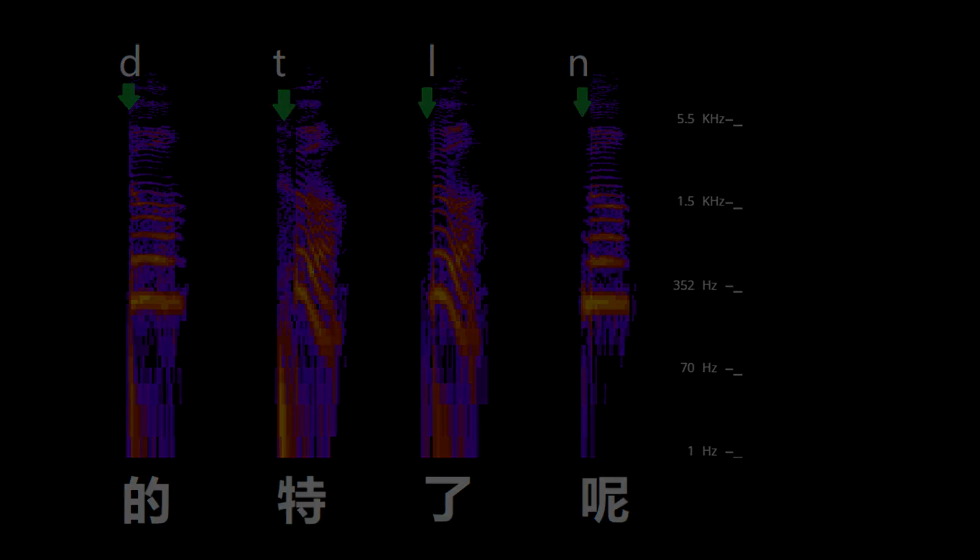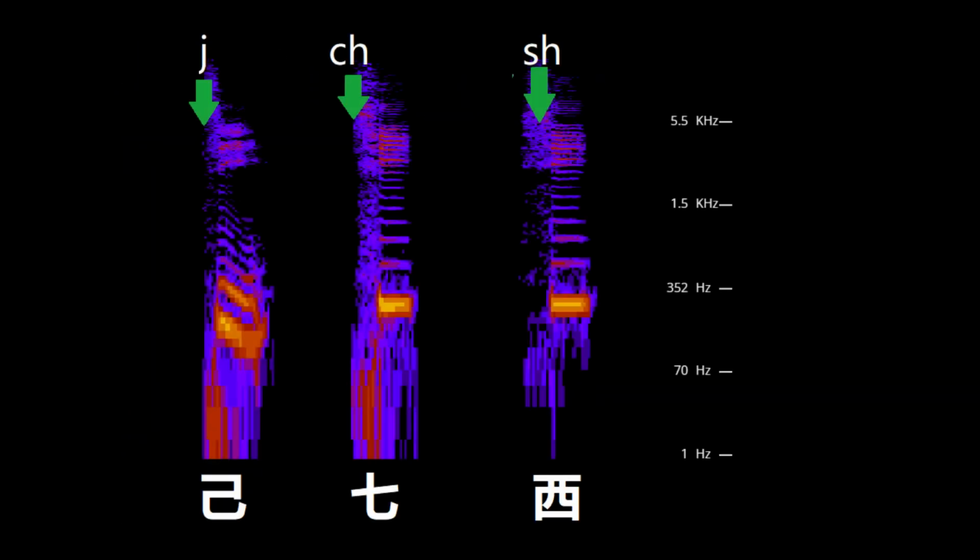The initials for ji, chi, shi are j, ch, sh. Notice the initial of the Chinese character shi sounds the same as the sh in English. Shi is a voiced syllable in Mandarin, which is final as e rather than the voiceless phonemes. Sh.